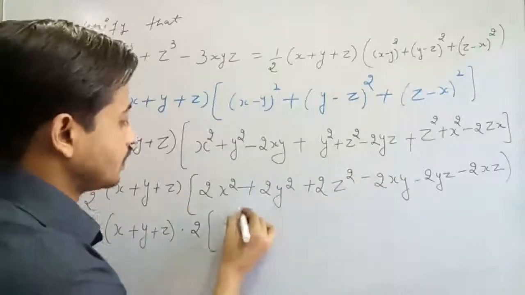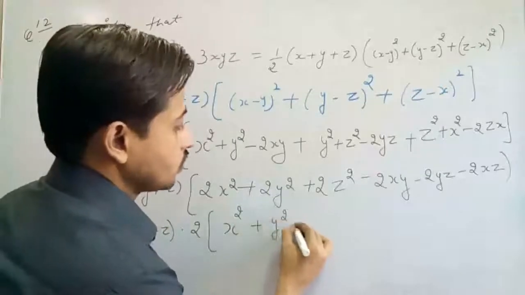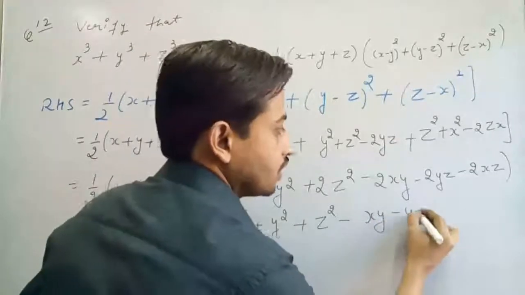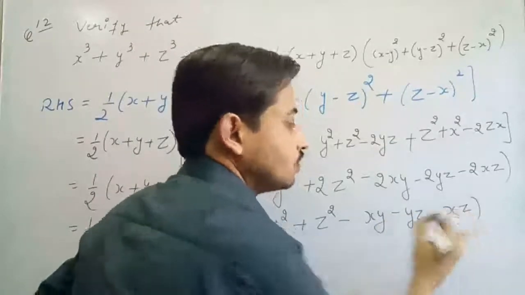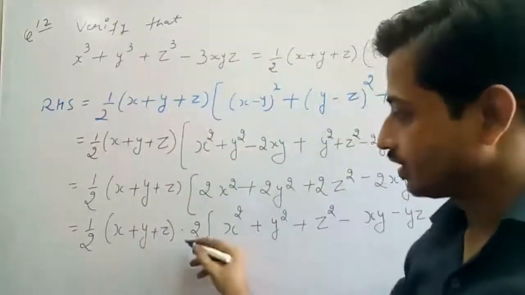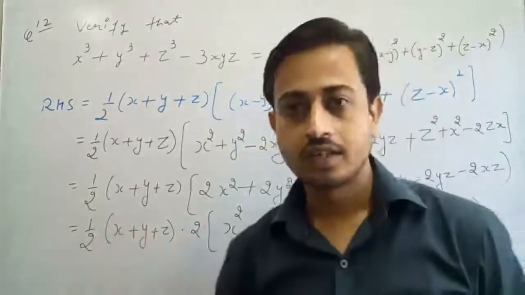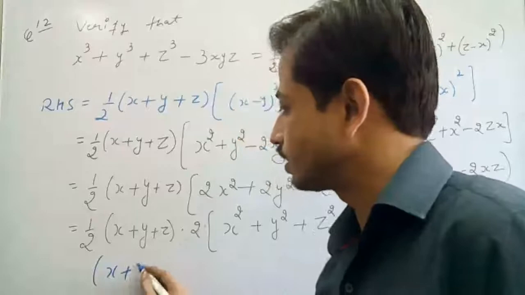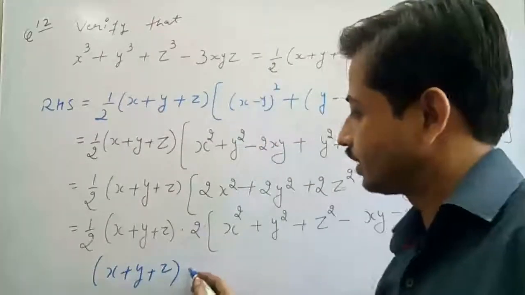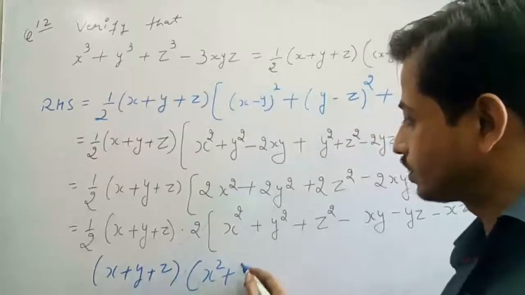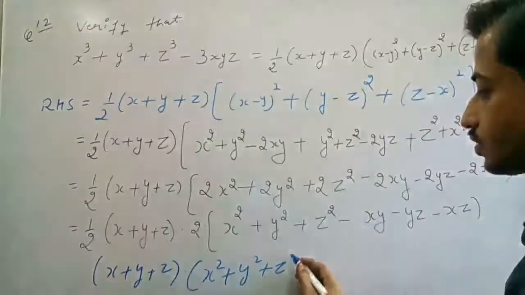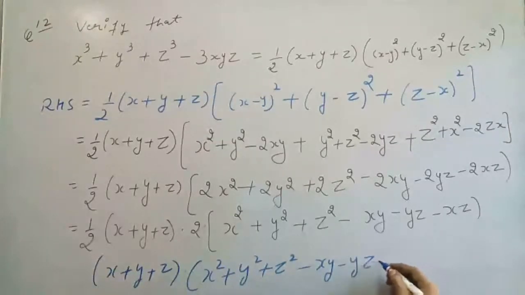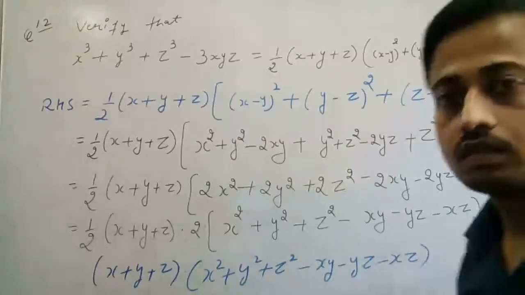What's the term left? x square plus y square plus z square minus x into y minus y into z minus x into z. Now look at the terms, 2 is cancelled out with 2. So what we get? We get x plus y plus z into x square plus y square plus z square minus x into y minus y into z minus x into z.